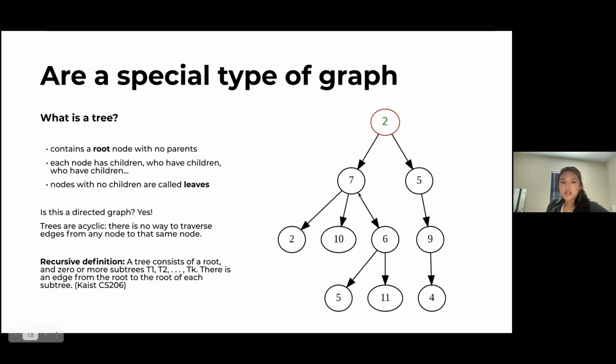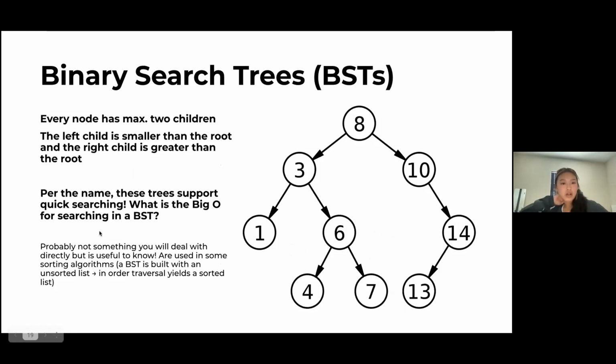And then this would be a directed graph since, for example, 7 is a child of 2, but 2 is not a child of 7. And then just in terms of terminology, we call the very top of the tree a root and nodes with no children leaves.